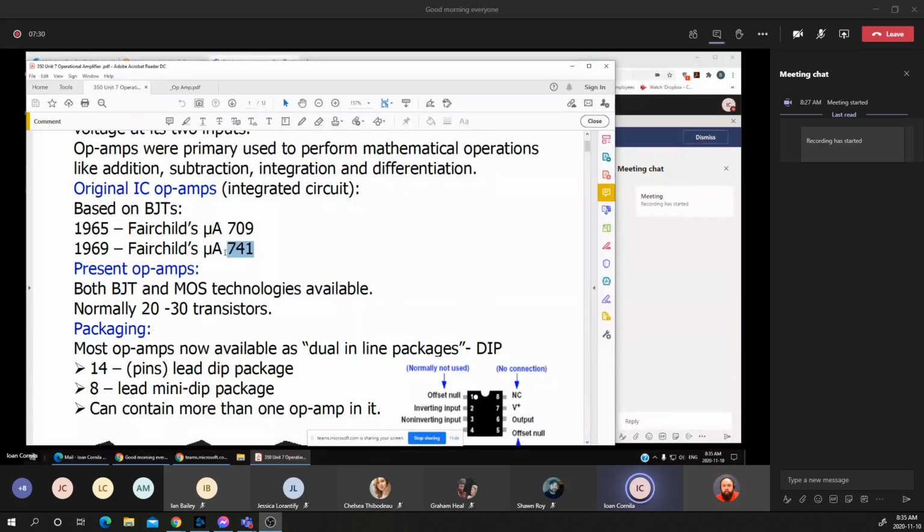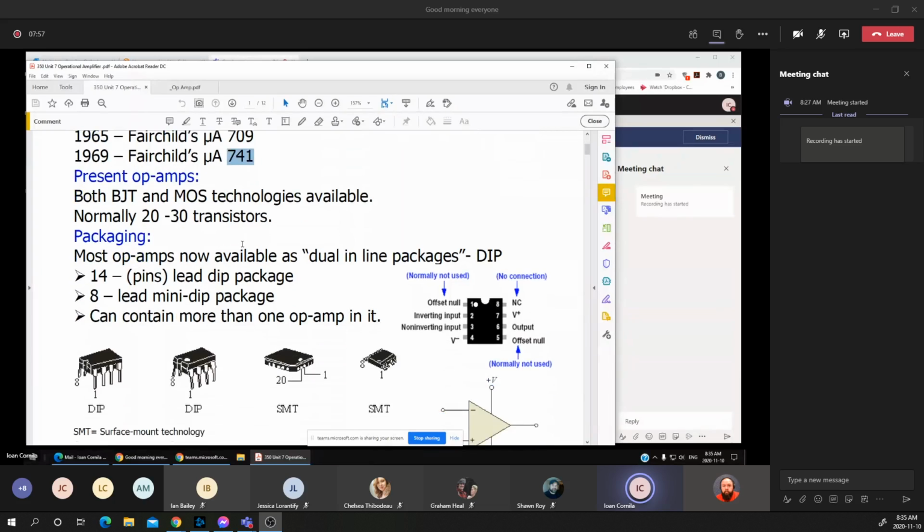The first two letters describe the vendor or the manufacturer that makes the operational amplifier, the 741. We may see SN, MC, or any other letters in front of the 741. 741 defines the operational amplifier.